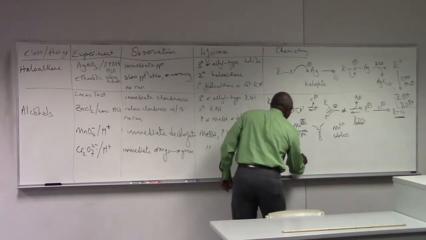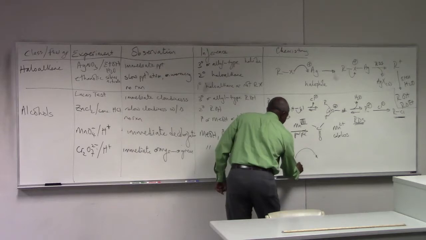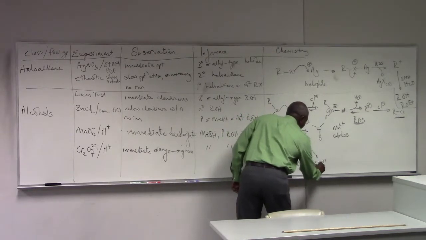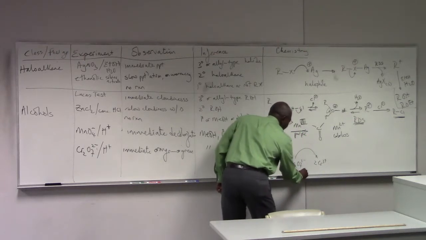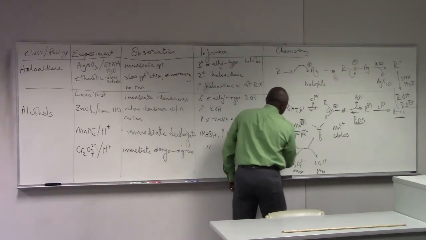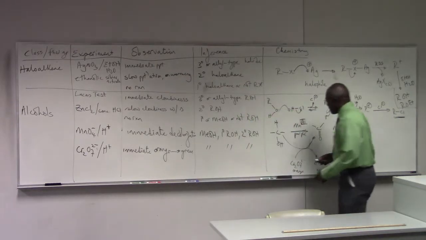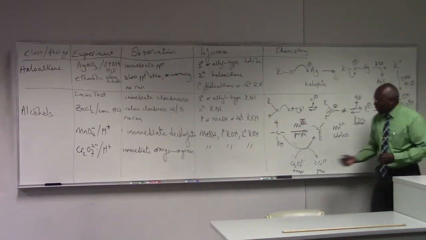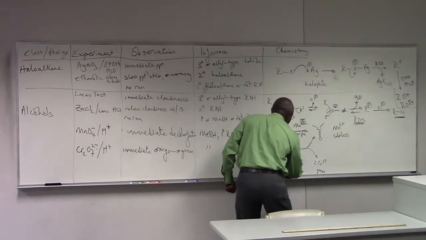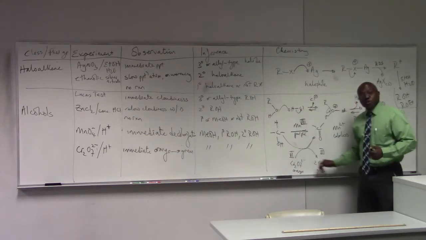Except that here, the dichromate, Cr2O7, goes to Cr3+, and this is orange, and this is green. So the alcohol gets oxidized to the carbonyl, and the dichromate gets reduced from chromium 6 to chromium 3. And that goes from orange to green.